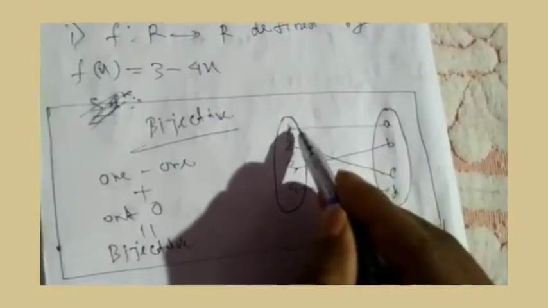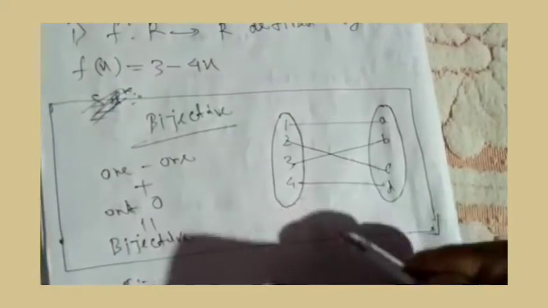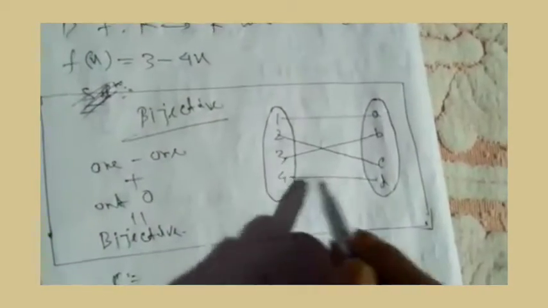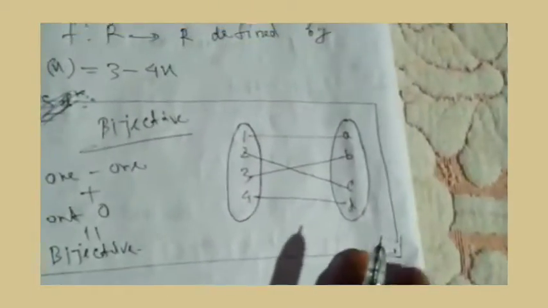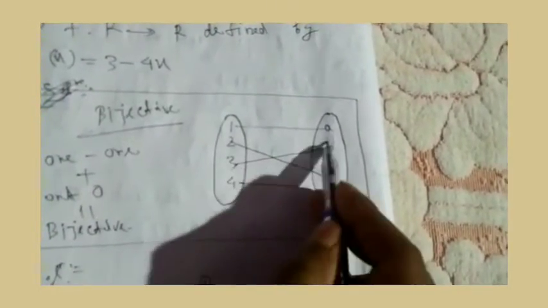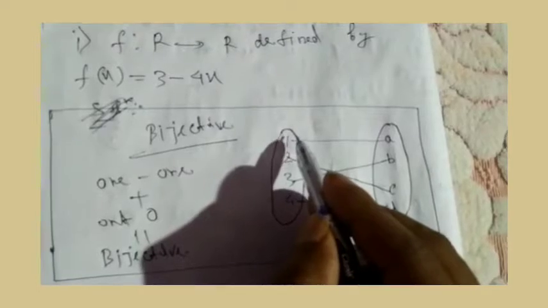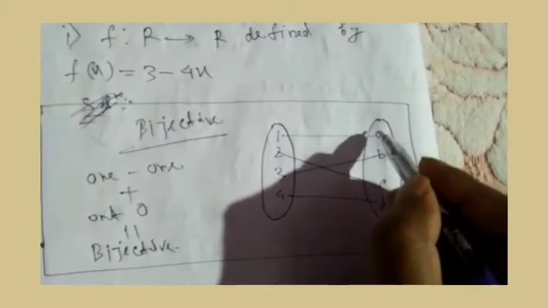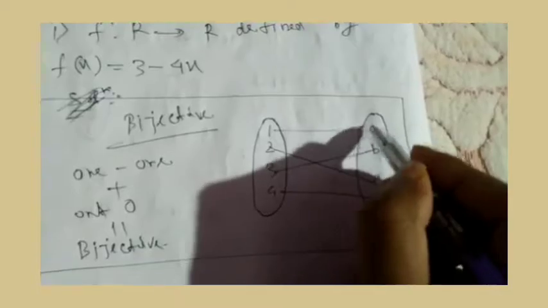First of all, you see this is a one-one function. Why is it one-one? 1 is connected to A, 2 to C, 3 to B, 4 to D. I have written this specially for you. Each and every element in the domain is connected with a separate element in the codomain, so each has an image. That's why it is clearly one-one, as well as onto, since no element is left over in the codomain.